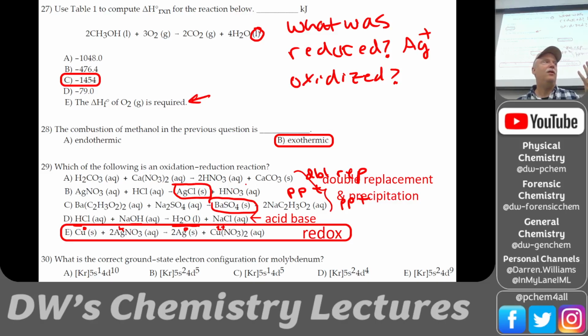Copper went from 0 to 2+, it lost electrons. Oxidation is loss of electrons. So Cu solid, that was the thing that was oxidized. Okay, then this means that the copper was the reducing agent.